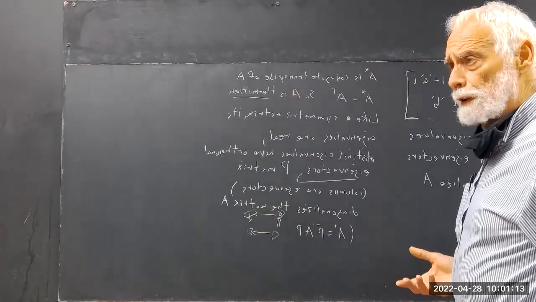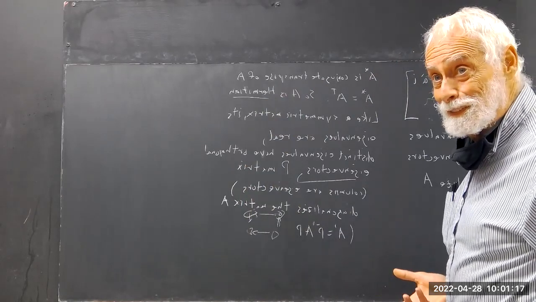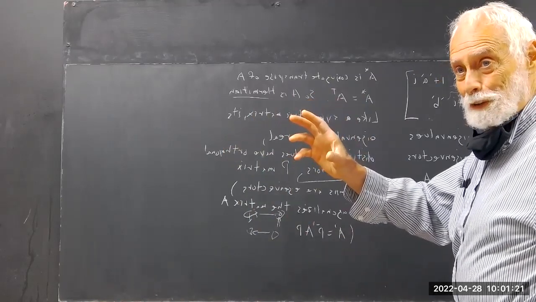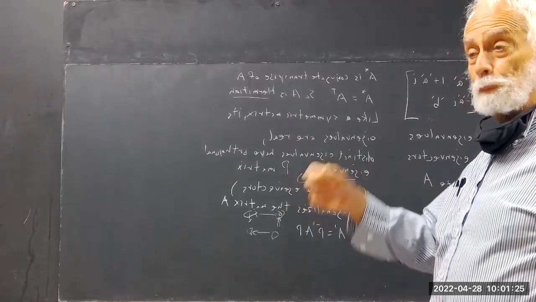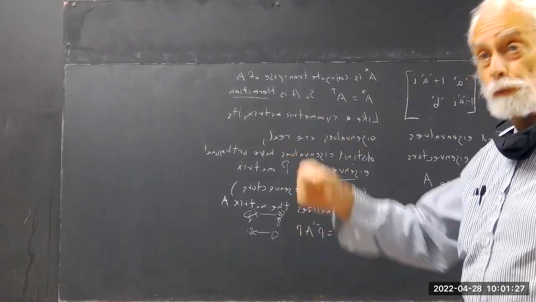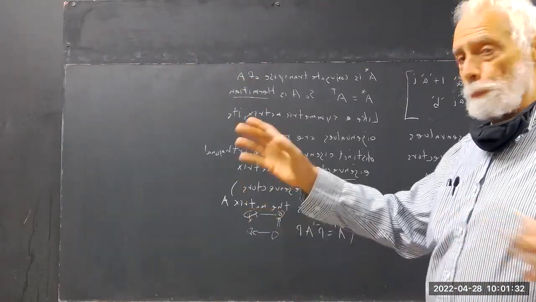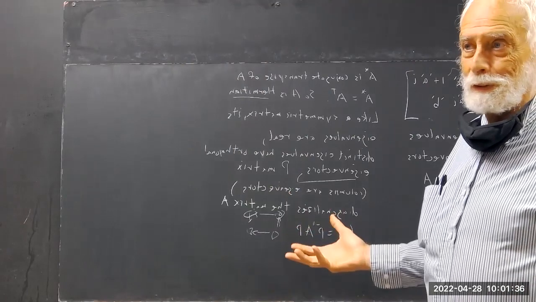Have you gotten into Taylor series in calculus yet? You can do a Taylor series of a matrix. You do e to the A. You know that the Taylor series for e to the x is 1 plus x plus x squared over 2 factorial plus x cubed over 3 factorial, and so on. You should know the Taylor series for sine and cosine. That's just basic stuff.